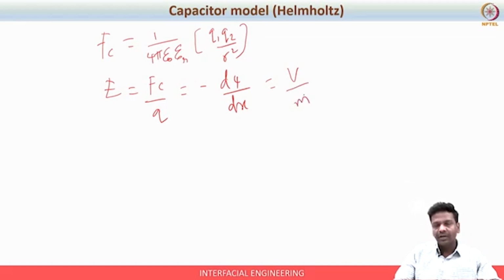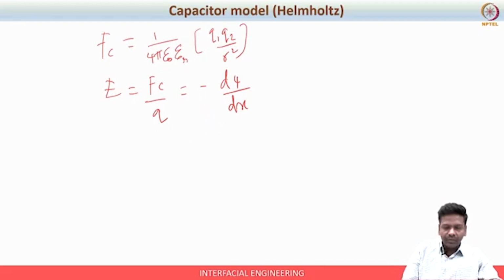Psi is potential, usually expressed in volt. So you get the same unit as we just obtained for Fc by Q. The negative sign indicates that the potential decreases as x increases, so this is nothing but a negative slope.